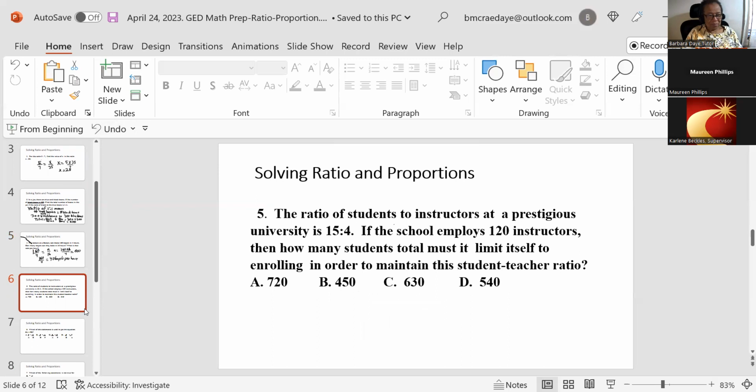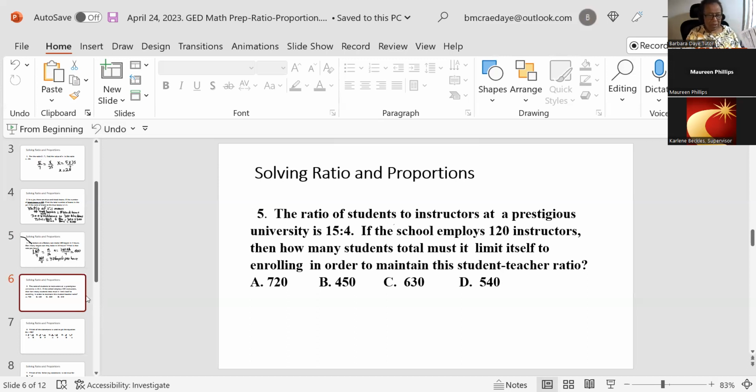If the school employs 120 instructors, okay, 120 is the instructors, right? Let me see, ratio of students to instructors. The students was 15, no, 15 colon 4.